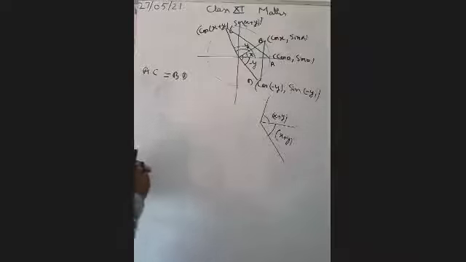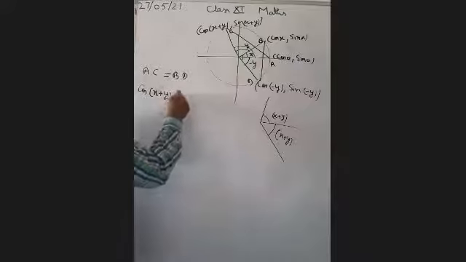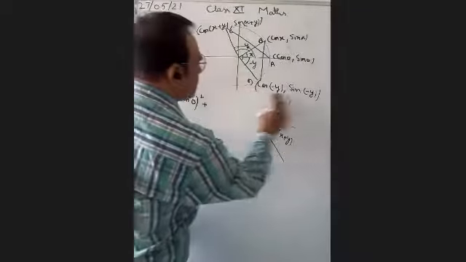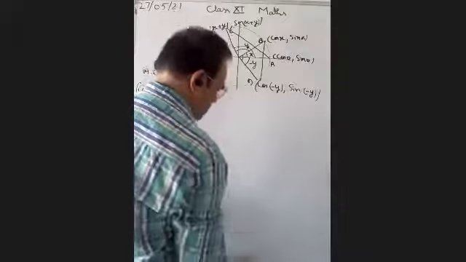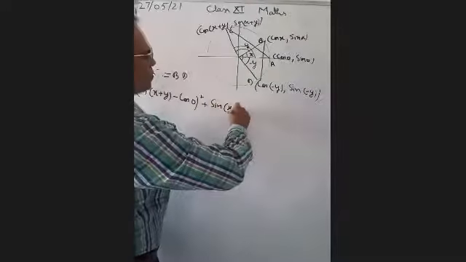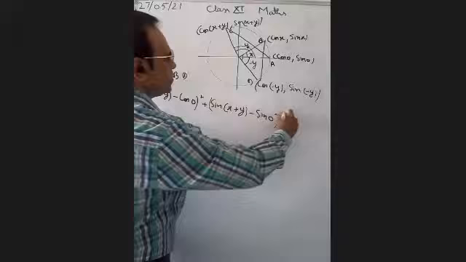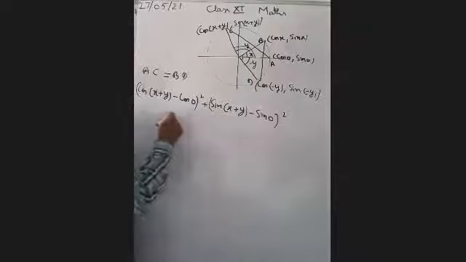So we can use the distance formula which you have studied in 10th class. x1 minus x2 whole square यानी कि cos x plus y minus cos 0 whole square plus sin x plus y minus sin 0 whole square equal to BD.